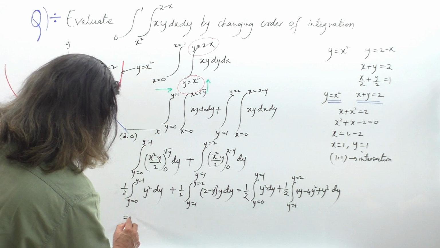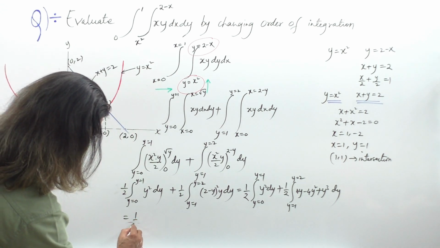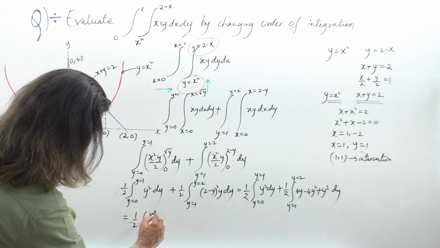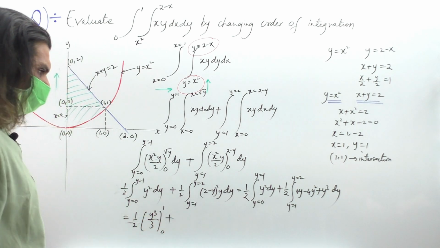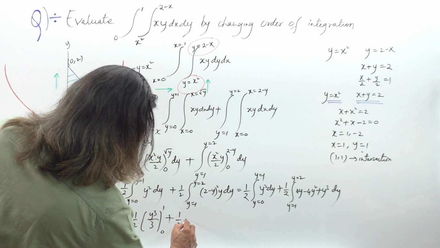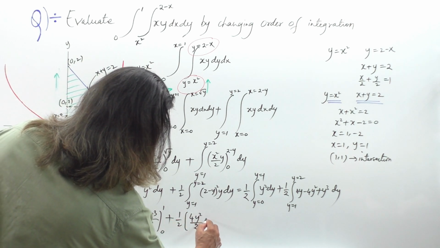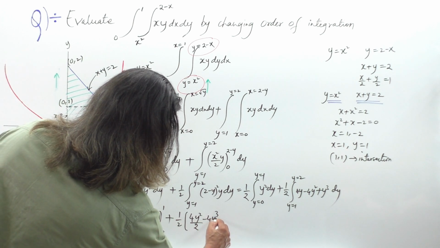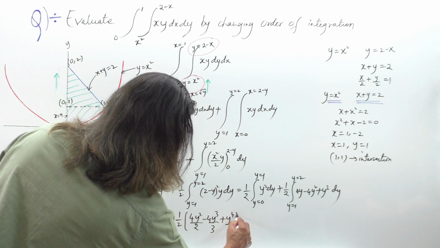So this becomes now 1 by 2, integration of y square is y cube by 3, limit from 0 to 1, plus again 1 by 2, integration of 4y is 4y square by 2, minus 4y cube by 3, plus y raised to 4 by 4, from 1 to 2.